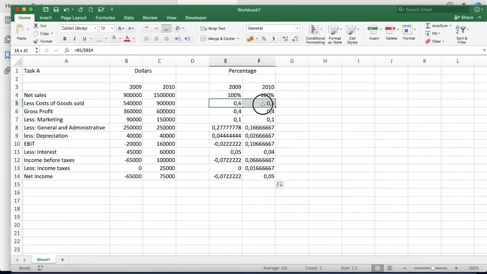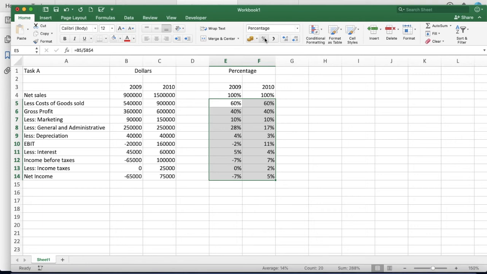We can also transform all these decimals into percentages. So this is the first task. We have transformed the dollar income statements into percentage income statements.